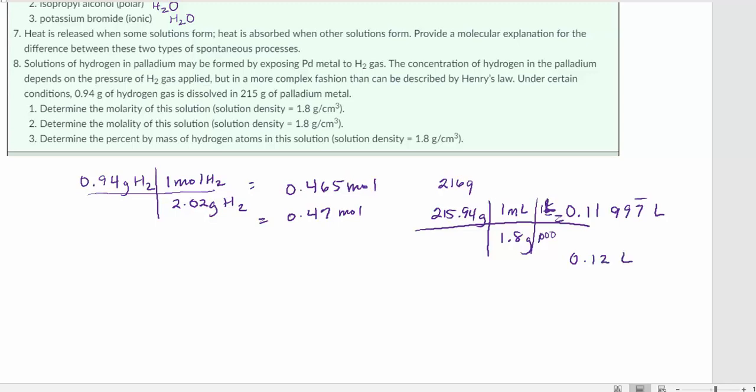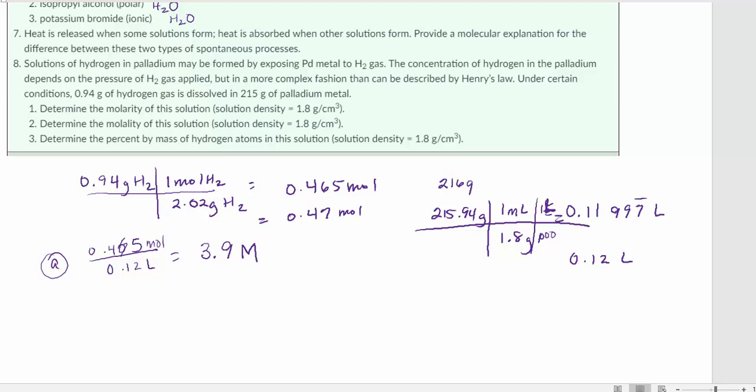So in order to find my molarity, I need the moles. You could use either the 6.5 or the 7. You should get the same value. So I have moles per liter. And I get 3.9 when I only use 2 sig figs, 3.9 capital M molarity.